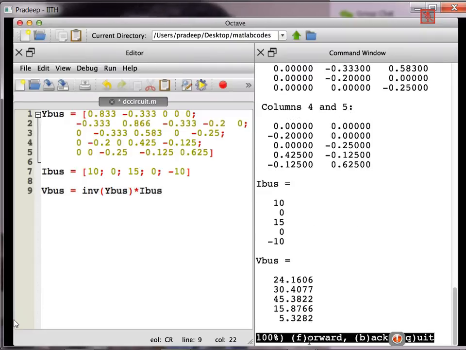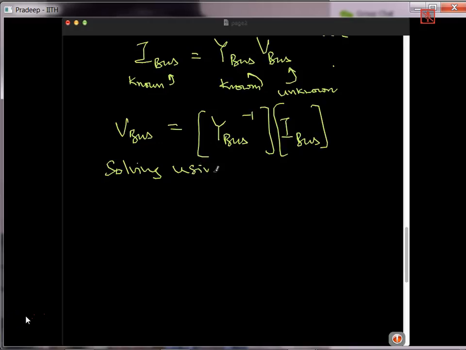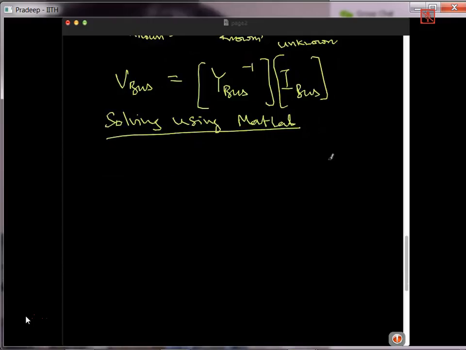So this is the final V bus I'm getting. So let me write it here. MATLAB. So I'll write the MATLAB code here.